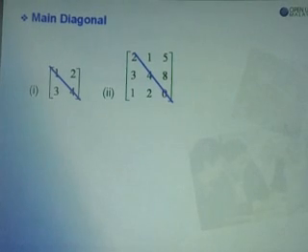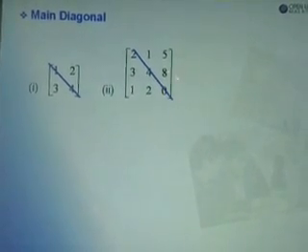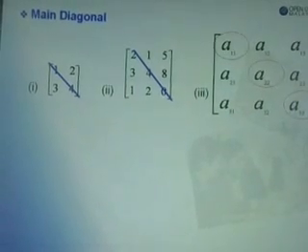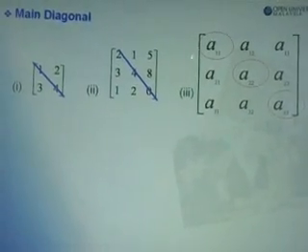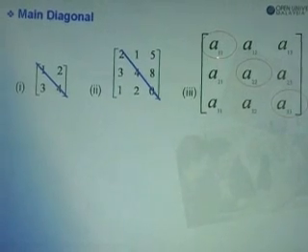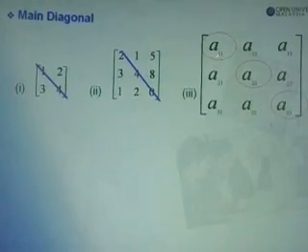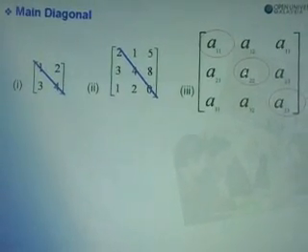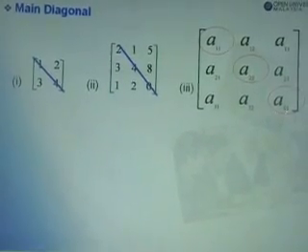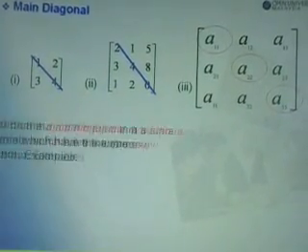For a 3 by 3 matrix, the elements on the main diagonal are 2, 4 and 0. So in other words, in a 3 by 3 matrix or any square matrix, the main diagonal has elements with the same row and column number, for example, A11, A22 and A33.